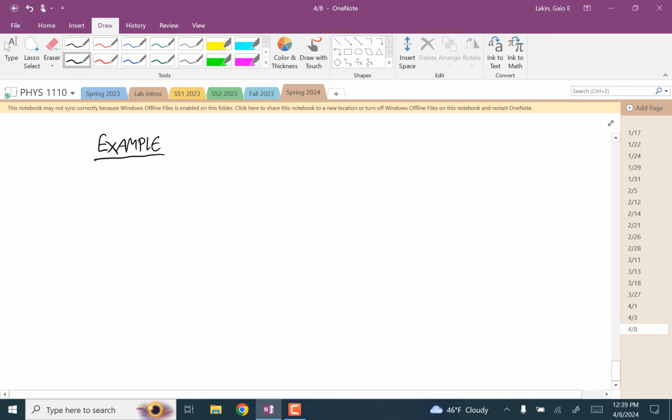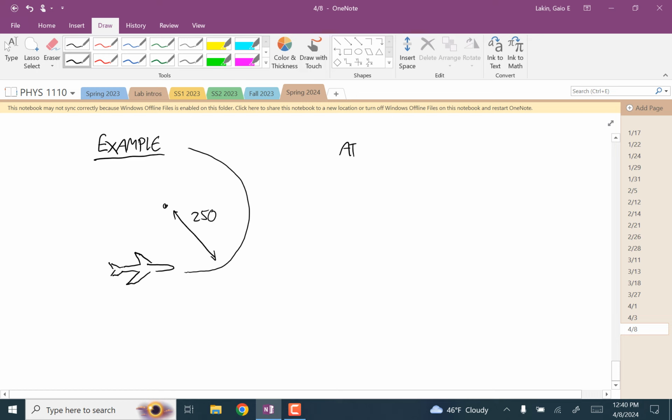So this time, let's say the plane is still going through this circular path. The radius of the motion is still 250 meters.